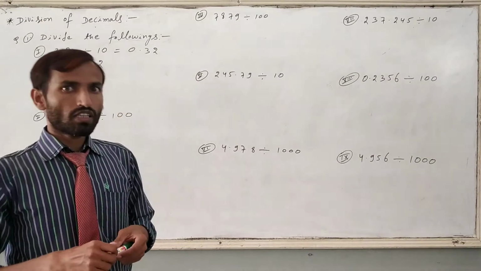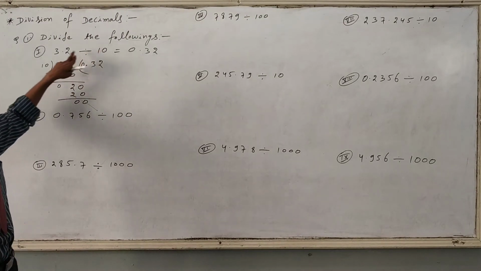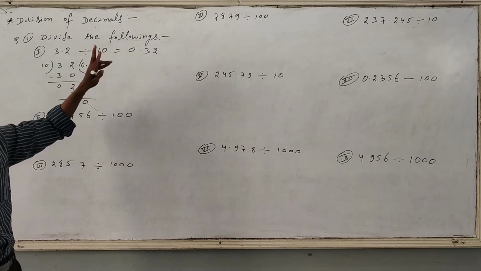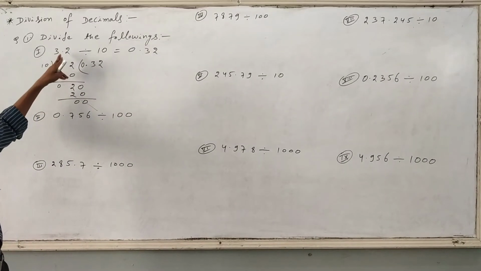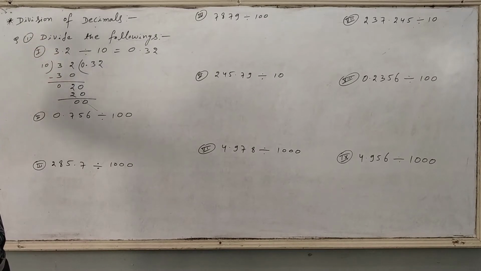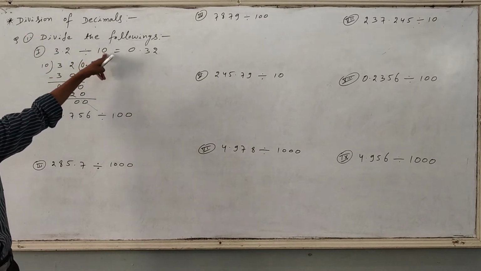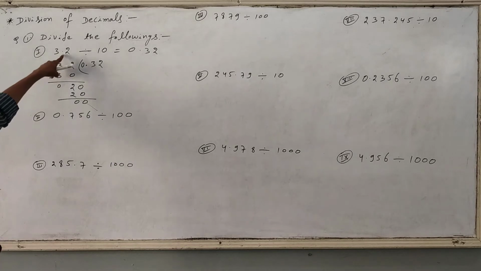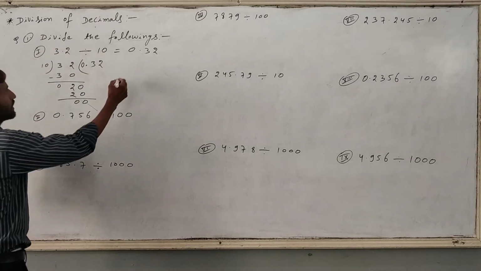So this is the first method, and the second method is the direct method. Without actual division we can put the point directly. See here, 3.2 is divided by 10. 10 has one zero, so we have to shift the point one digit to the left. If there are two zeros, then the point shifts two digits.